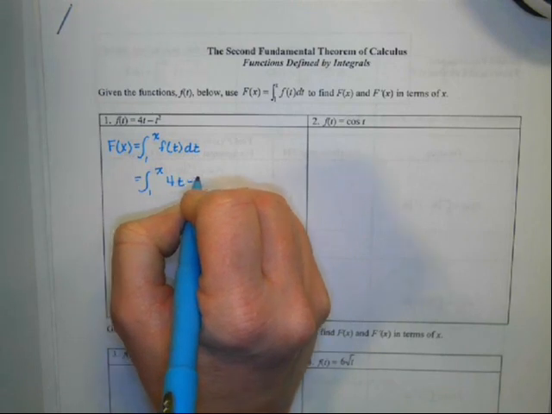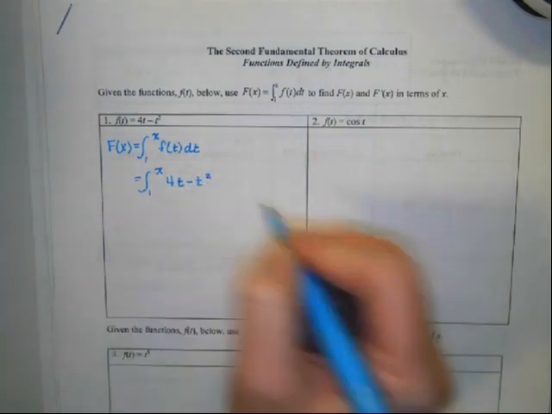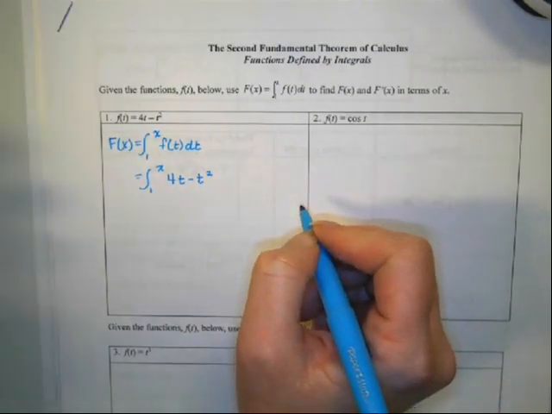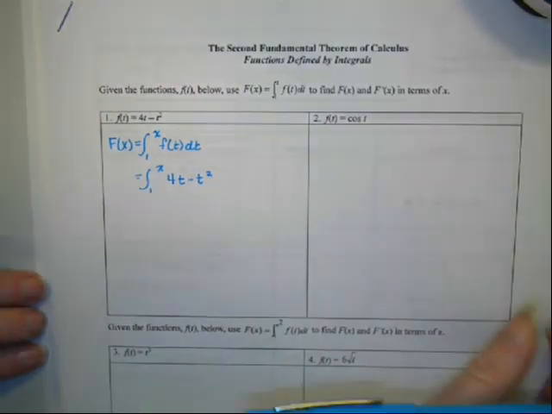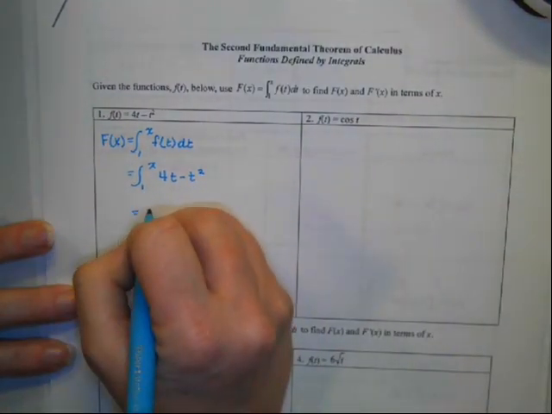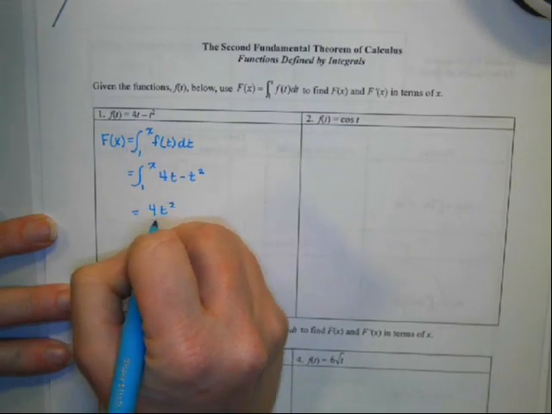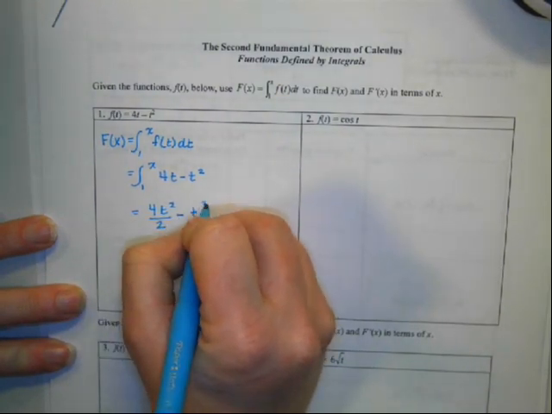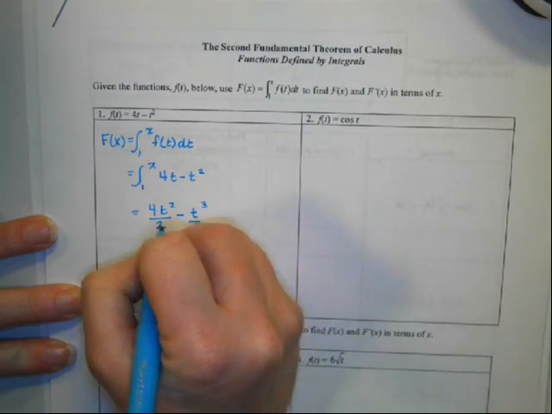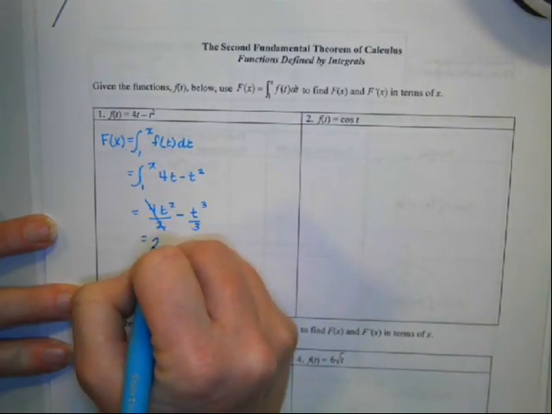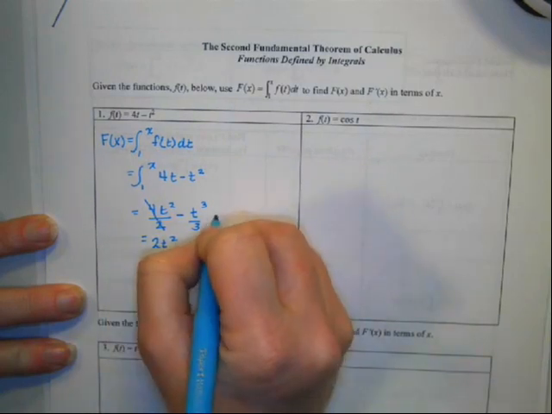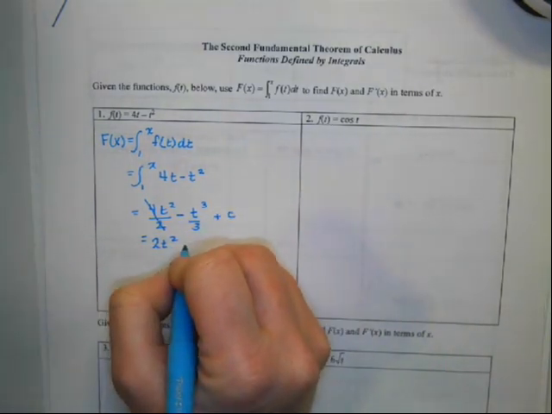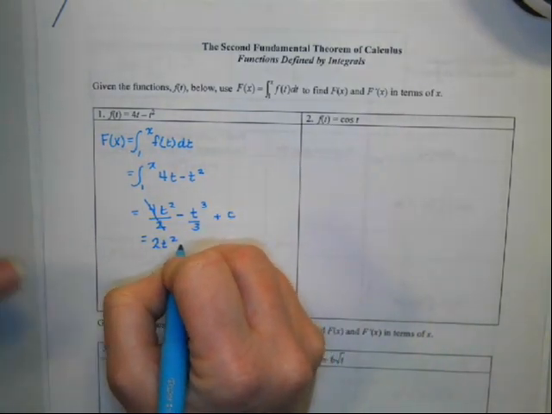t minus t squared. I need to take the antiderivative. So that's going to be 4t squared divided by 2 minus t cubed divided by 3, and that simplifies to 2t squared, plus C by the way, but we are not going to put the plus C because we're about to plug in.